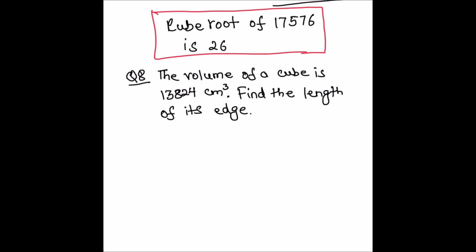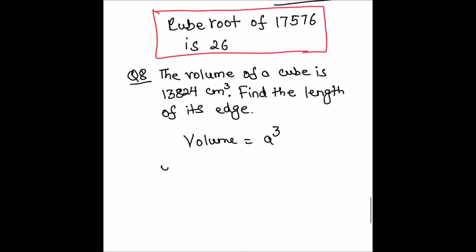Question 8: the volume of a cube is 13,824 cubic centimeter. Find the length of its edge. So here we are going to use the formula for finding the volume. Volume of a cube is a cube, where a is the edge.